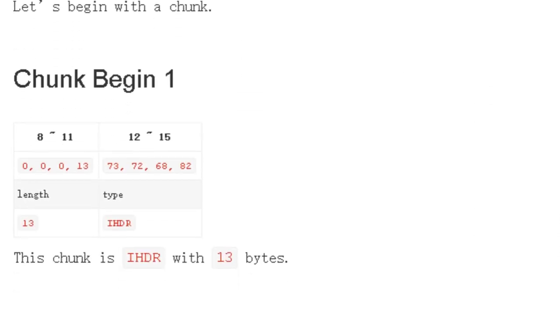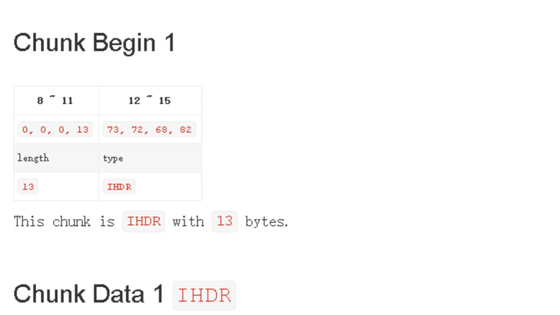Chunk begin 1. So we have bytes indexed 8 to 11 and 12 to 15, and that is inclusive. And the values are 0, 0, 0, 13, and 73, 72, 68, and 82. It would really make more sense for this to be hexadecimal, but I didn't write the article.